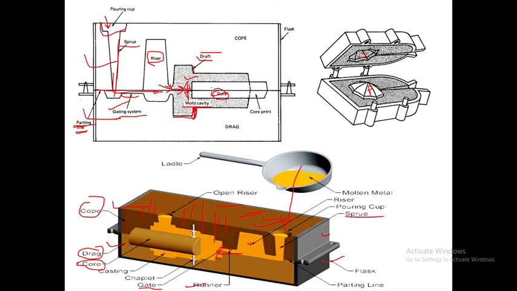Because its composition can be controlled more accurately, synthetic sand is preferred by most foundries. There are several factors which are important in the selection of sand for molds.